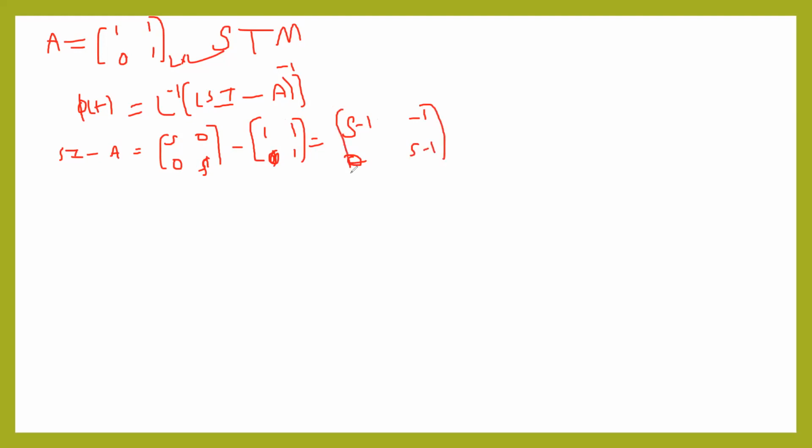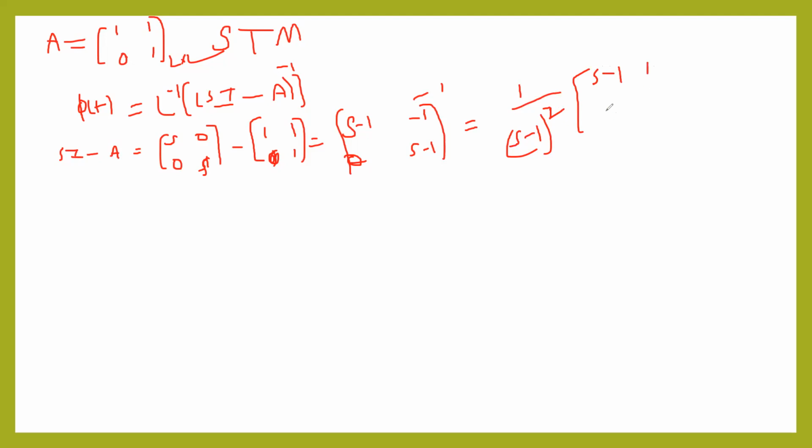Then (sI minus A) whole inverse, as we did earlier, is 1 by AD minus BC. So 1 by (s minus 1) whole square minus 1 into 0, 0 into D. What is D? s minus 1. What is minus B?